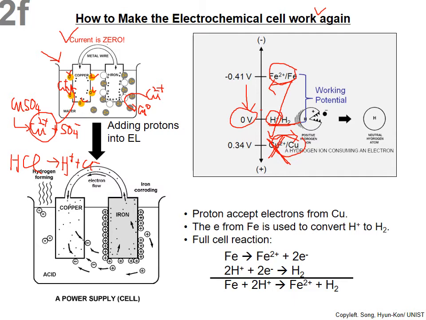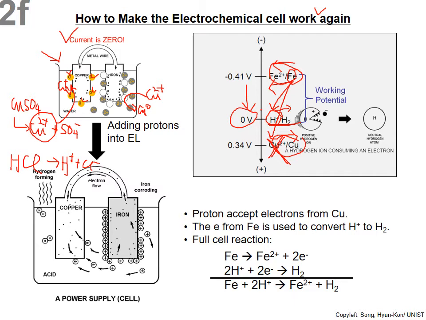So, like in the case of copper 2+, Fe would donate its own electrons to the proton, and at the same time Fe goes to Fe2+ and the proton goes to hydrogen gas. So the hydrogen evolution reaction happens.